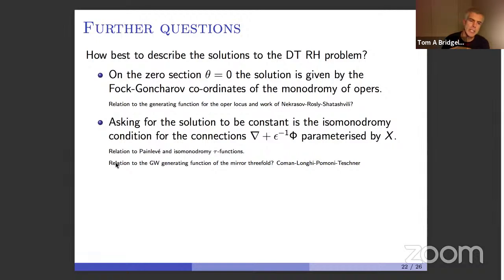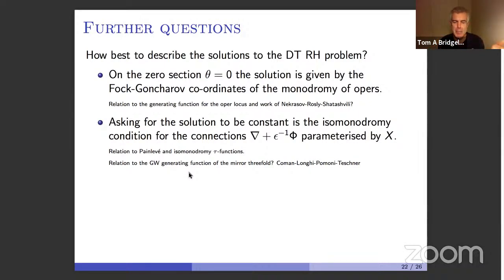And that gives you a relation to Painlevé tau functions and isomonodromy tau functions, which in turn, by work of Coman, Longhi, Pomoni, and Teschner, are related to the Gromov-Witten generating function of the mirror of the threefold that we took the Fukaya category of.